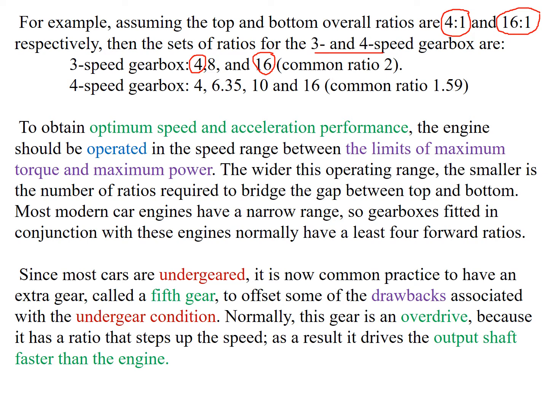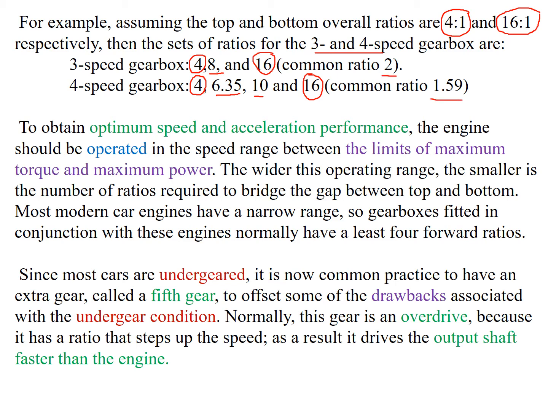And for 4 speed, we have top and 16 also. So the intermediate will be 8 for the 3-speed gearbox, and for the 4-speed gearbox the intermediates will be 6.35 and 10. So the common ratio will be 2 and 1.59.